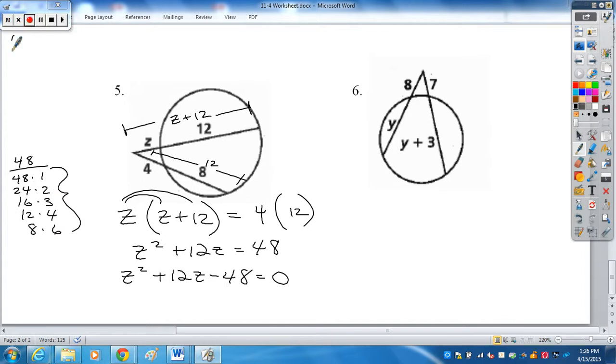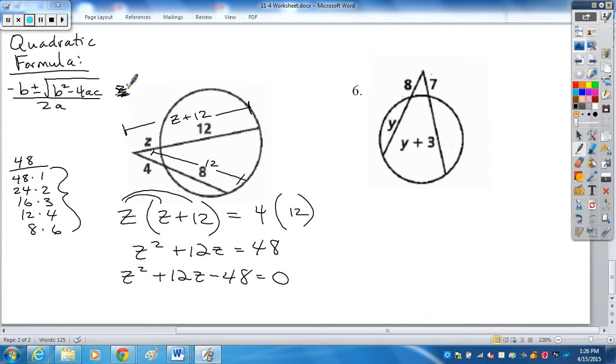Now, quadratic formula. I know some of you like this formula, some of you don't, but this is what you have to do. The formula, remember, negative b plus or minus radical b squared minus 4ac all over 2a. I'm going to get rid of that so you don't accidentally write down a 5 there. Okay?